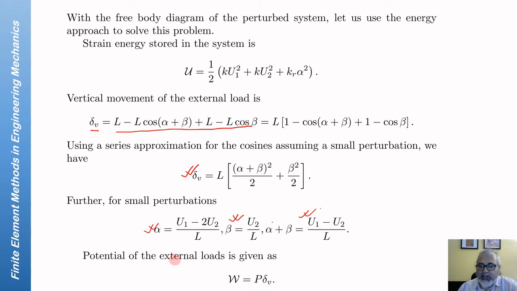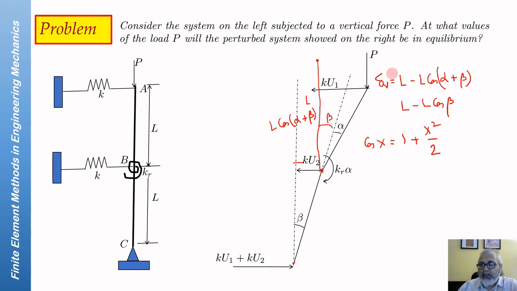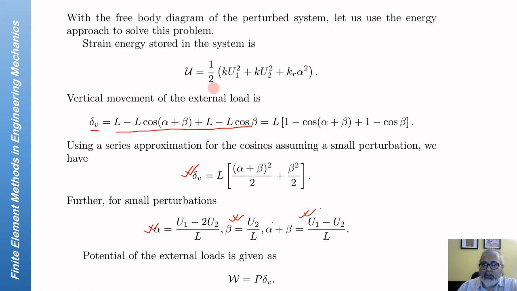So the potential of the external loads is W delta V. On the other hand, the strain energy stored in the system is half k u1 square for this spring, half k u1 square for this, half k u2 square, and for this, half kr alpha square. So these would constitute the strain energy stored in the system.